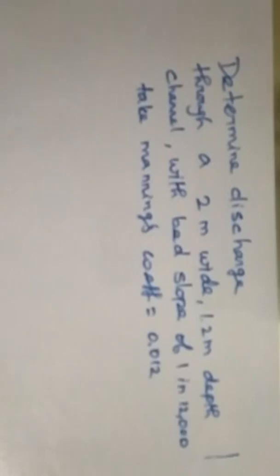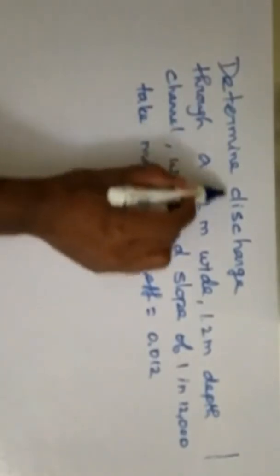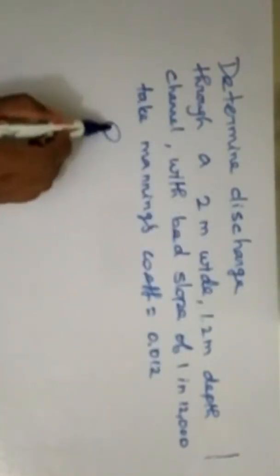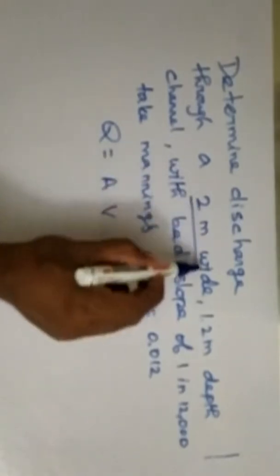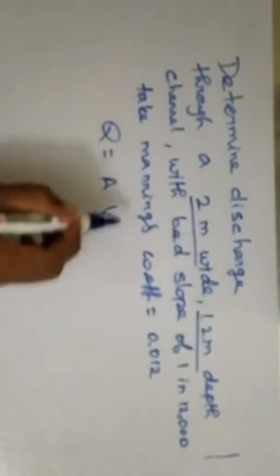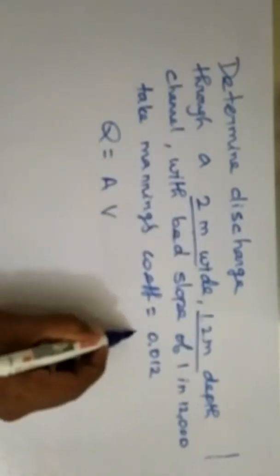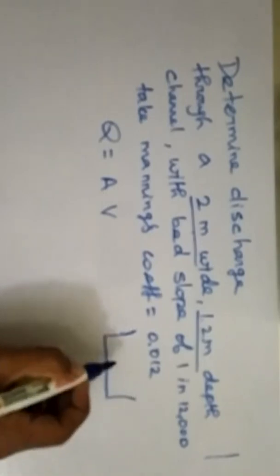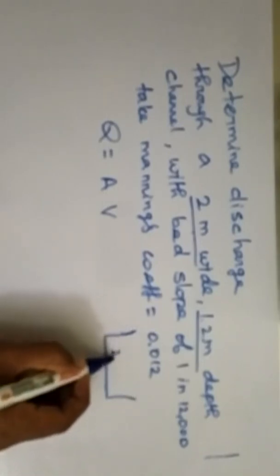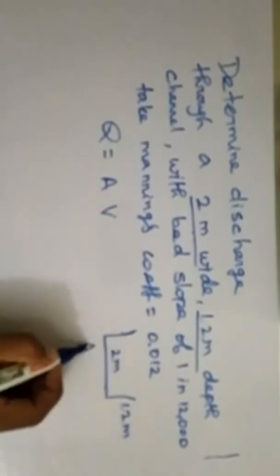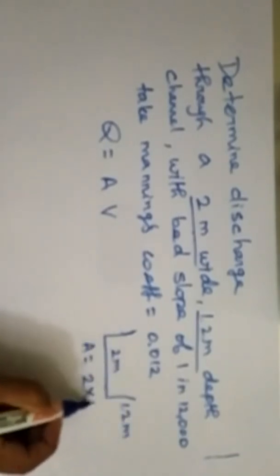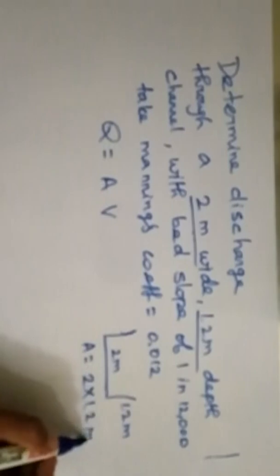They are asking for discharge. I know discharge is equal to area times velocity. Here width and depth are given, so the cross section is rectangular, with width 2 meter and depth 1.2 meter. So I can calculate the area: 2 into 1.2 meter square.